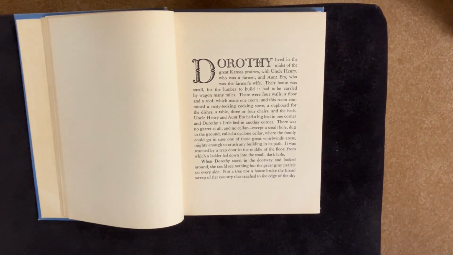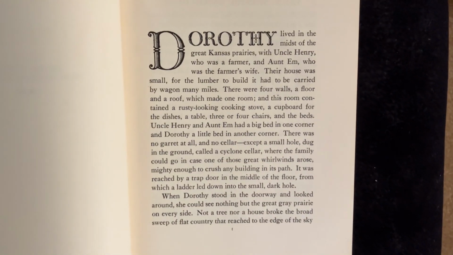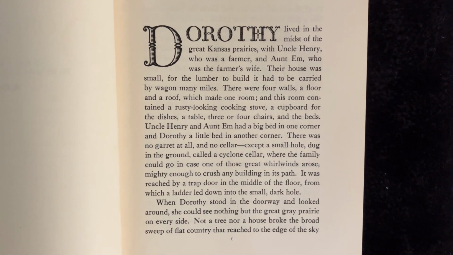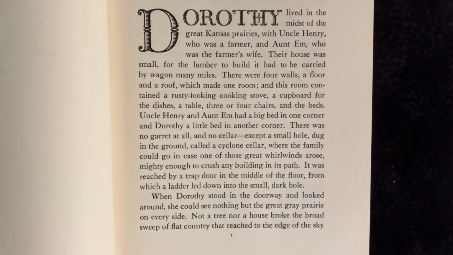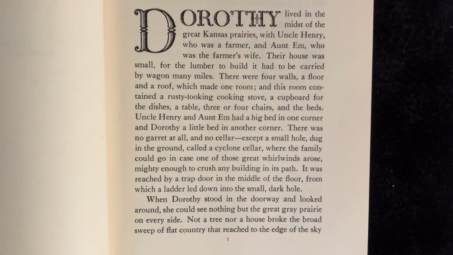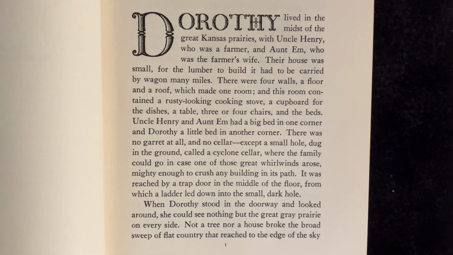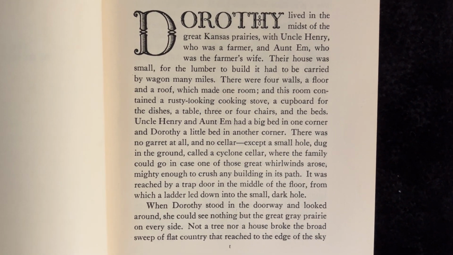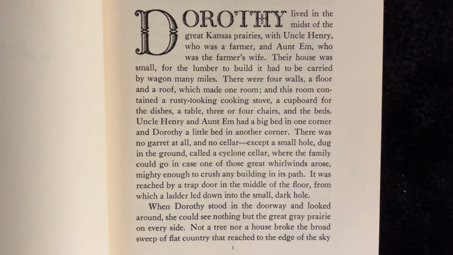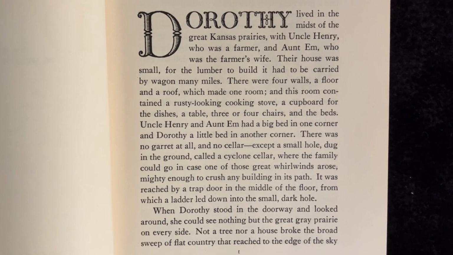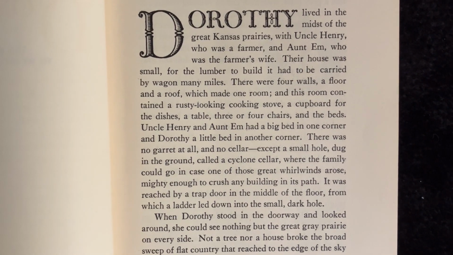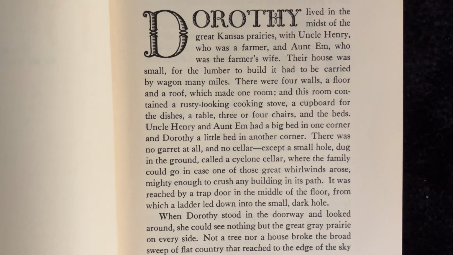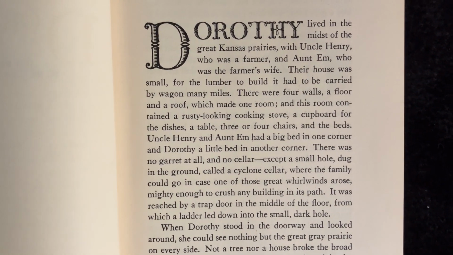I lived in the midst of the great Kansas prairies, with Uncle Henry, who was a farmer, and Aunt Em, who was the farmer's wife. Their house was small, for the lumber to build it had to be carried by wagon many miles. There were 4 walls, a floor and a roof, which made one room, and this room contained a rusty-looking cooking stove, a cupboard for the dishes, a table, 3 or 4 chairs, and the beds. Uncle Henry and Aunt Em had a big bed in one corner and Dorothy a little bed in another corner.